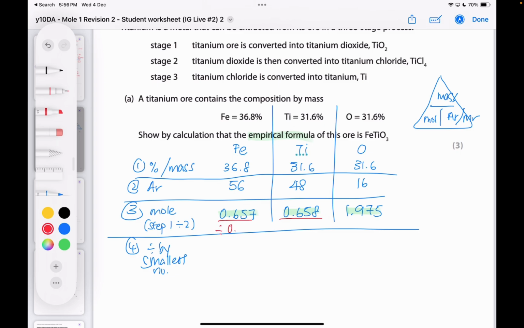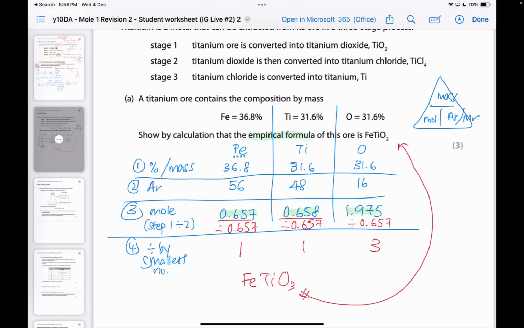So everybody divide by this smallest value, and you end up very nicely with 1, almost 1, and then 3. So what this means is the empirical formula for this compound is Fe1, but 1 in chemistry is not required. Ti1 again, but again you don't need to write a 1, and O3. And you have proven yourself to be worthy of 3 marks.